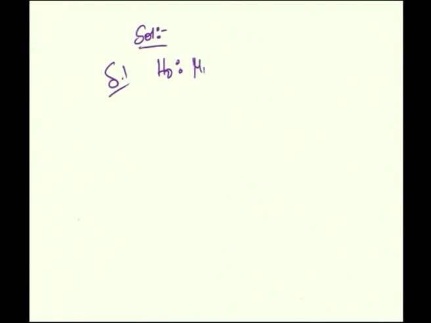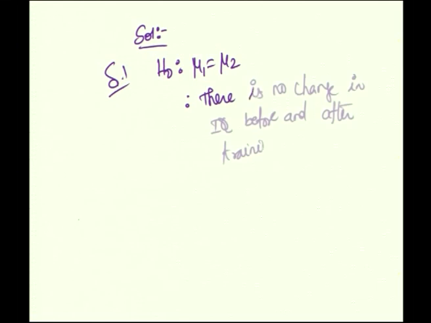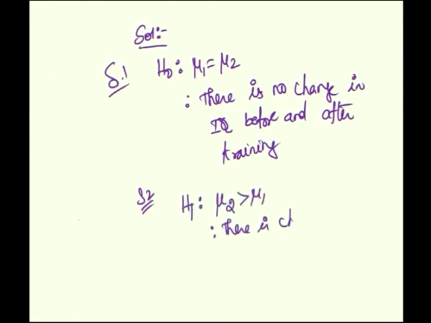H naught is mu 1 is equal to mu 2, that is there is no change in IQ before and after the training program, and step 2 says H1 such that mu 2 is greater than mu 1, that is the IQ has improved after training.